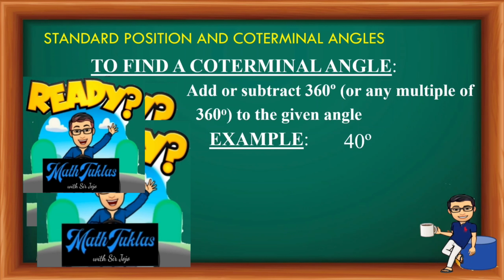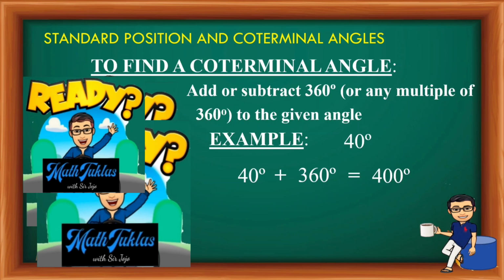So sabi kanina, we just add that to 360 degrees and subtract 360 degrees. So unahin na natin by adding that to 360 degrees. When we add that, the result is 400 degrees. So 40 degrees plus 360 degrees is equal to 400 degrees.